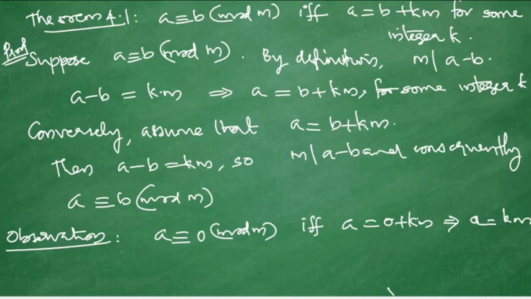So a is congruent to 0 modulo m. An integer is congruent to 0 if and only if it is divisible by m.